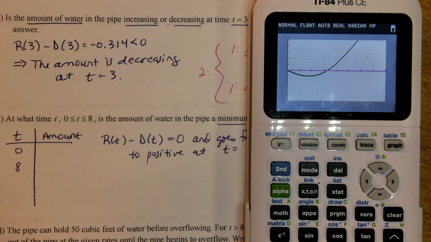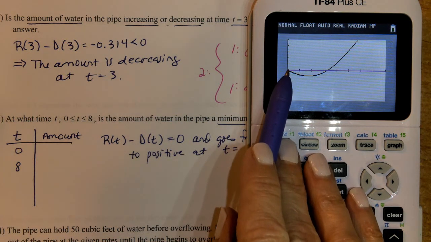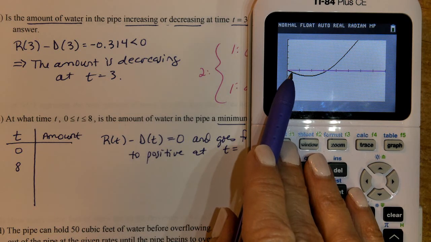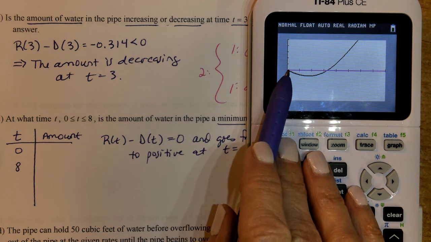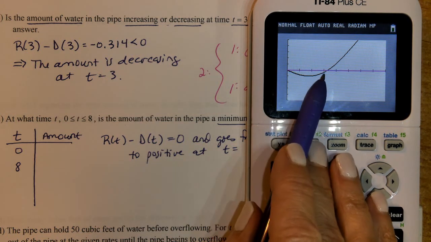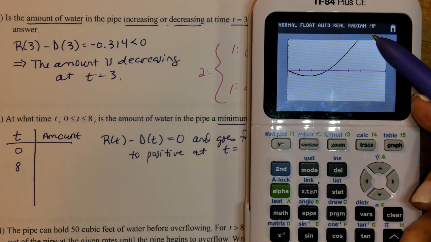Okay, so let's see what we're dealing with here. Like last time, I see that at 0 my rate is 0, and if I look at my functions, that can be easily confirmed. When time is 0, both of those are going to be 0. So my rate is always negative until this time, and then the rate is always positive after that time.